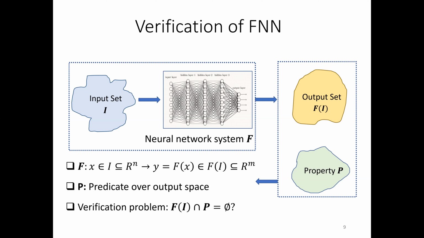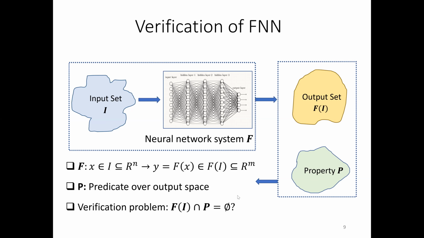Only a subset of the output set needs to satisfy the property P. Then I say the neural network satisfies the property P. And then I give some example for that. I see. So you don't require that every output must satisfy P. You just require that there's some output that satisfies P. Yeah, it's very similar to a SAT problem, right?